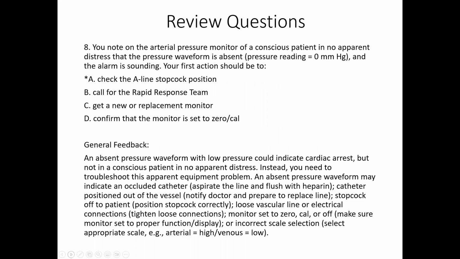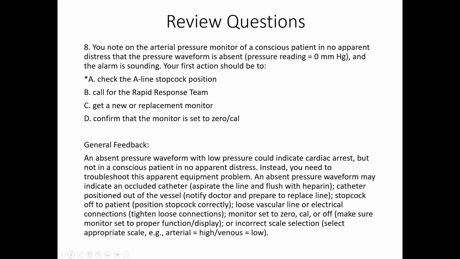You note on the arterial pressure monitor of a conscious patient with no apparent distress that the pressure waveform is absent. Pressure reading is 0. Patient looks okay. Not to say that they're totally normal, they're in the hospital, but they're okay. The alarm is sounding. Your first action would be to check the A-line stopcock position, not call an RRT, rapid response.